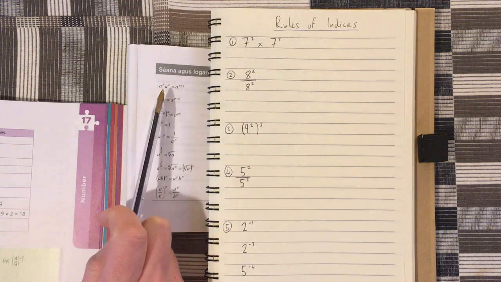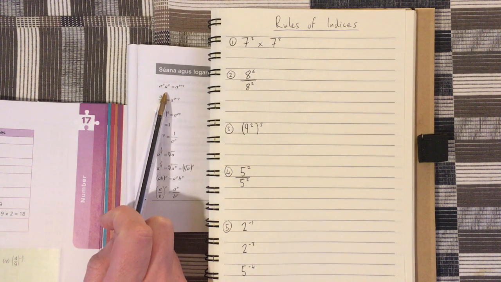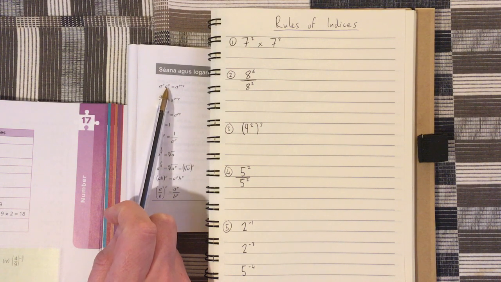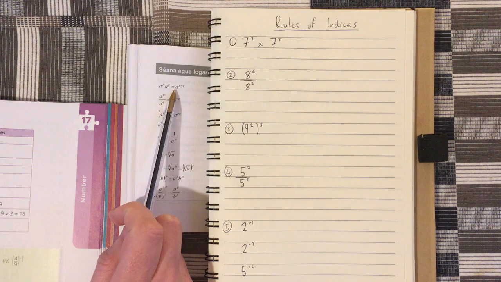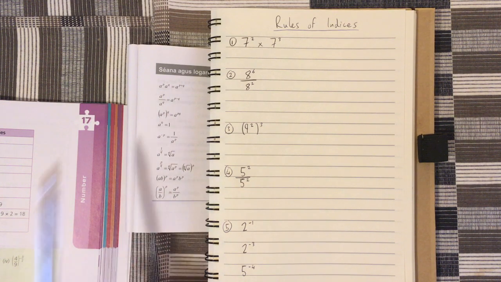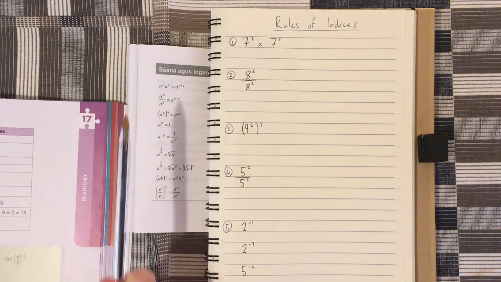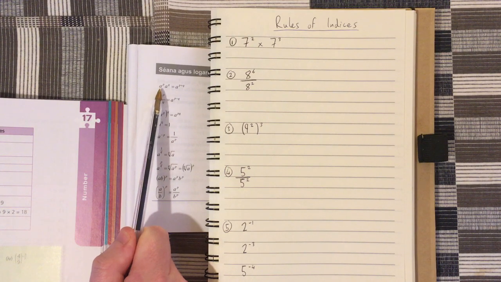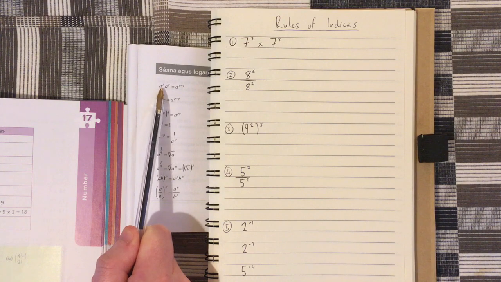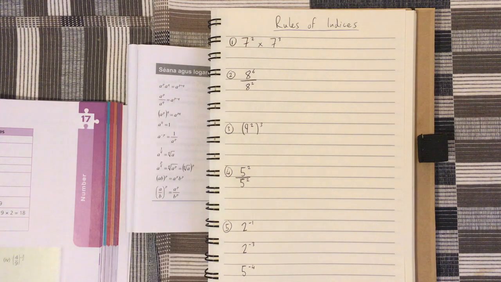So first one here is that a to the power of p multiplied by a to the power of q is equal to a to the power of p plus q. So when you multiply the same base like this, you can add the powers together.